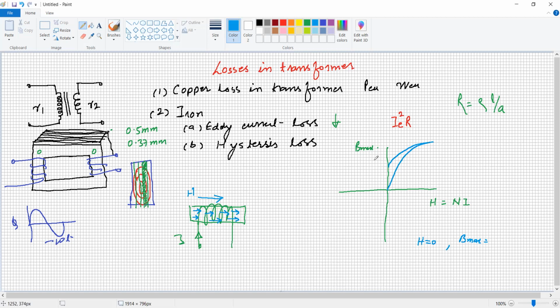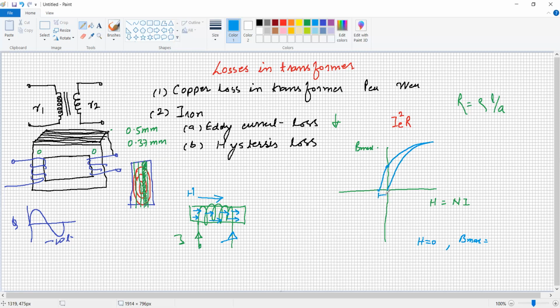Now if you want to decrease it to the zero value, the direction of current has to be changed in such a way that at that value of current, the magnetic flux density becomes zero.